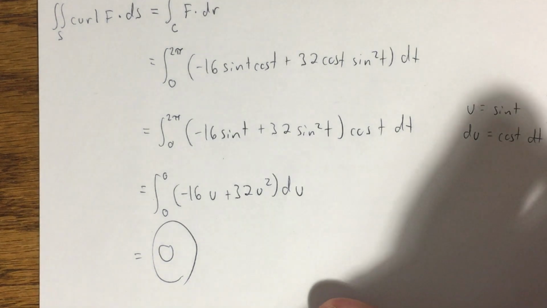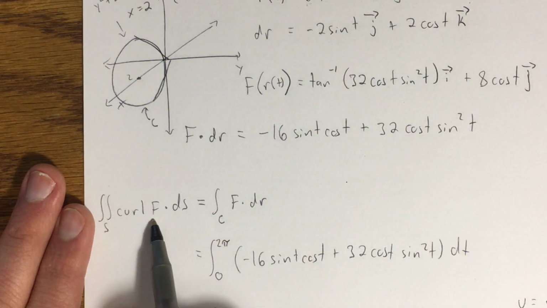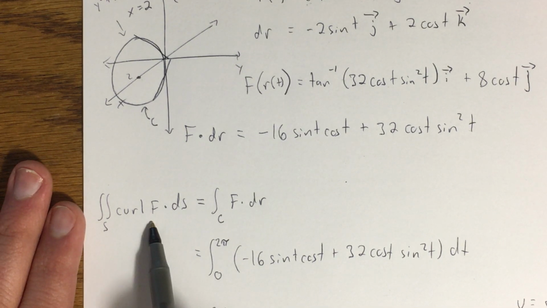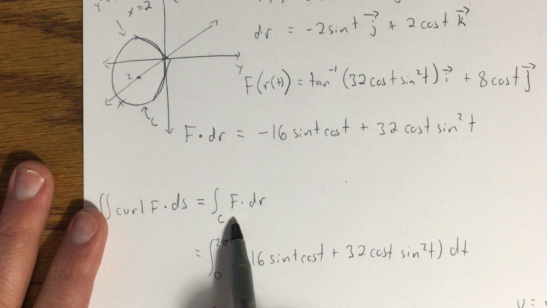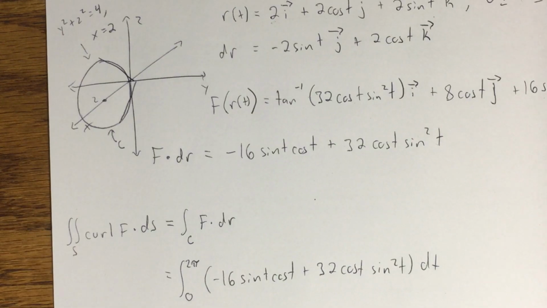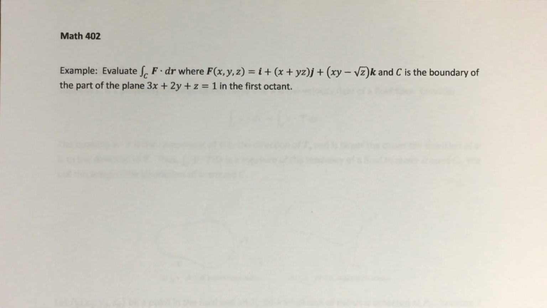Pretty cool. All right, so that's Stokes' theorem, which was used here, converting what would have been a very difficult surface integral into a less difficult line integral. Now, I'm not going to have time in this video to do the next example, but I'll set it up here. This example is going to be using Stokes' theorem in the other direction.